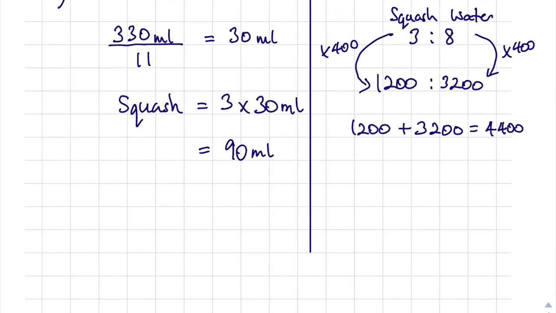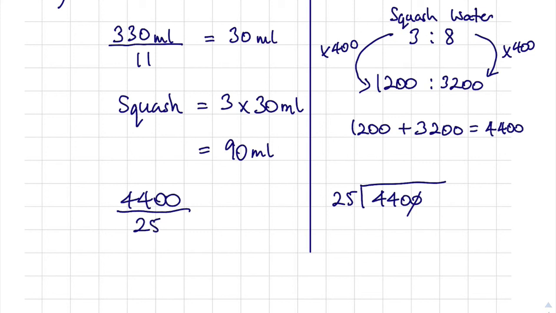So if I take the 4,400, I'm going to divide that by 250. Well, to make it easier, let me just knock off a 0 from here and divide it by 25. So just over here, I'll show you. So I've done 4,400 divided by 250, and I've noticed that I can cancel a 0.